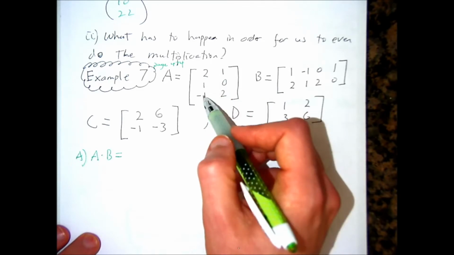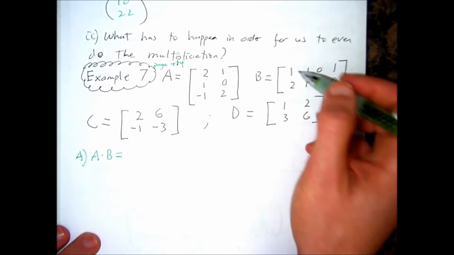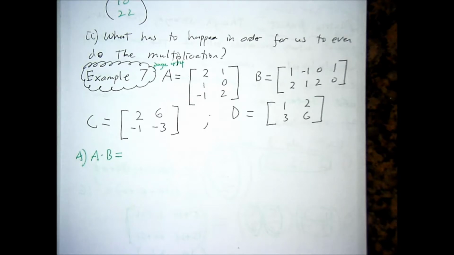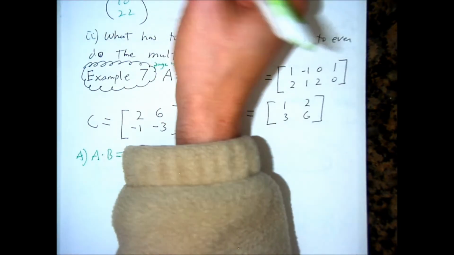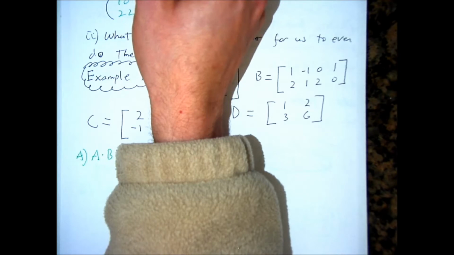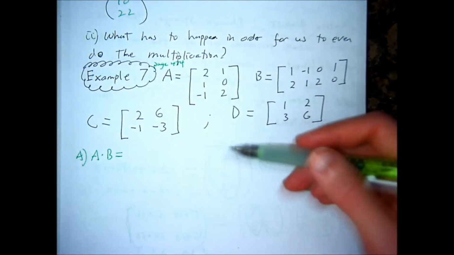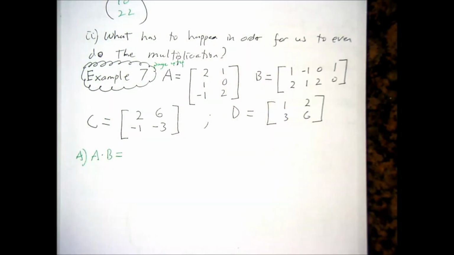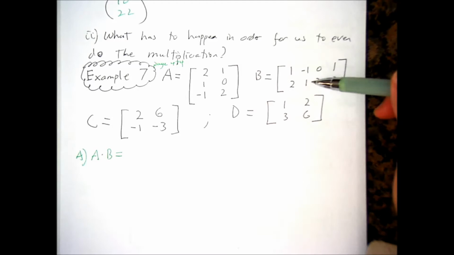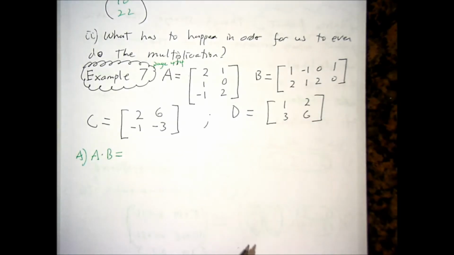I have 3 rows, and whoa, hold on. I think I've been saying things backwards. The number of columns in the first matrix has to match the number of rows in the second matrix. I think I said it backwards. See, I still get confused. So I have 2 columns, and that matches 2 rows. So we can do this.